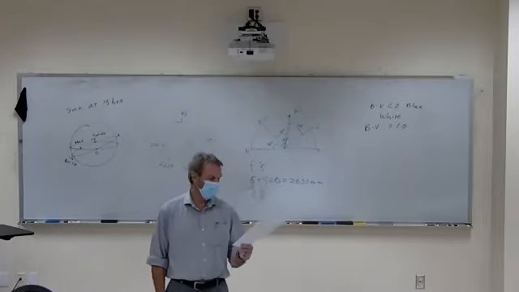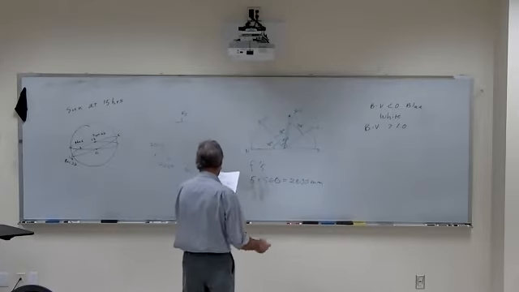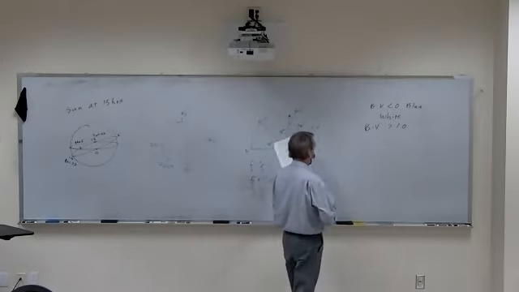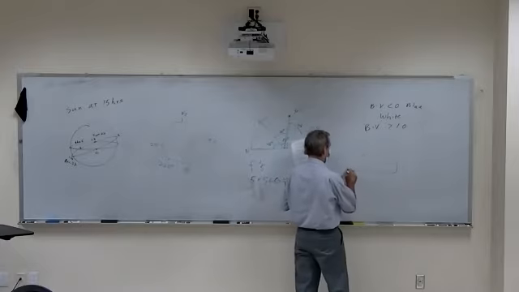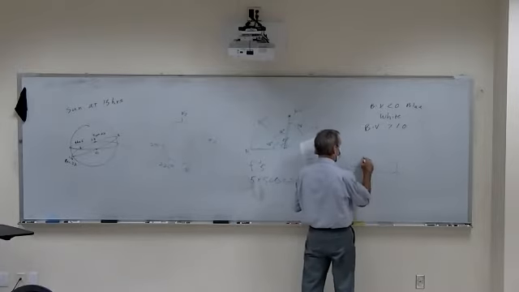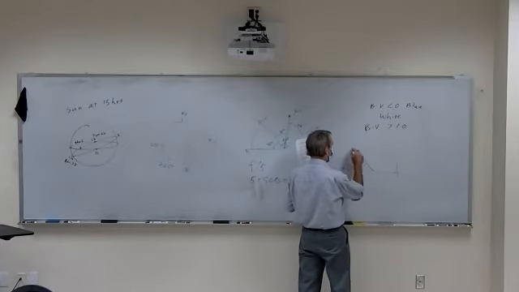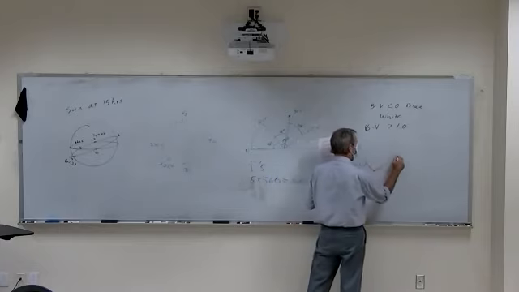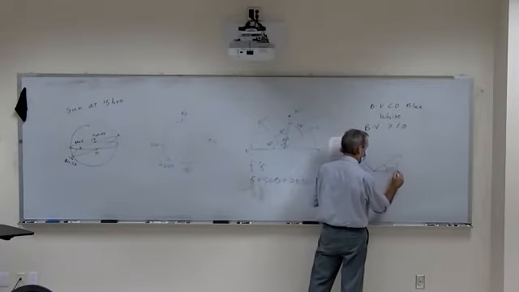Is it possible to view Alpha Puppis at declination -56 from Commerce? Remember Commerce, we've done this so many times. This is 33. This is celestial equator, makes this 57. -56 is right here.